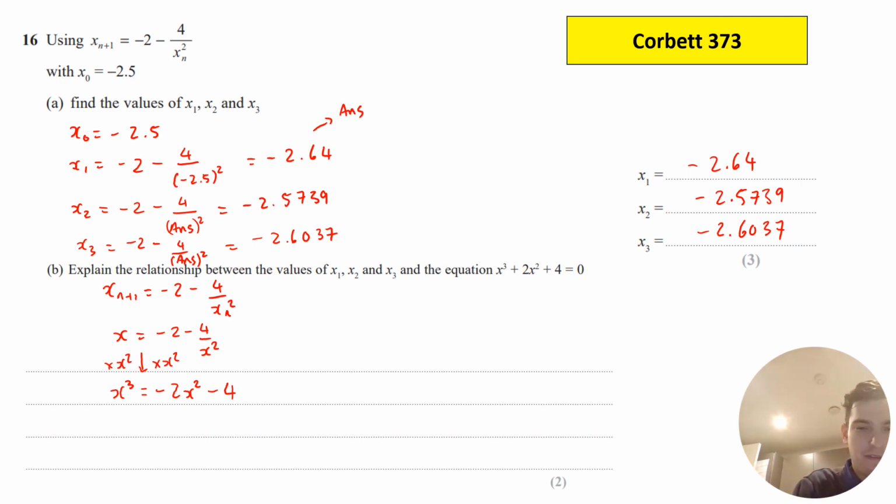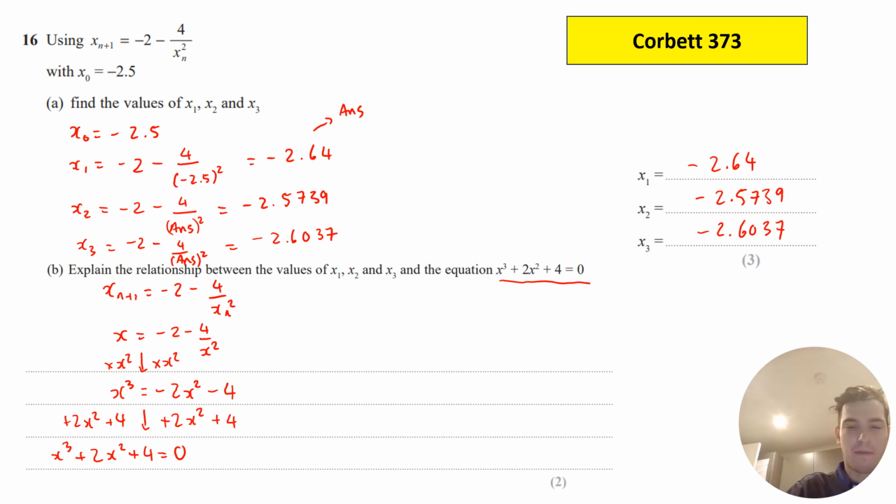And then if I add the 2x squared and the 4 to both sides, what you actually get is the equation that we've been given in the question. So that is the same as the equation in this question. So it turns out that using this iteration formula gives you the answers, or an approximation to that equation.